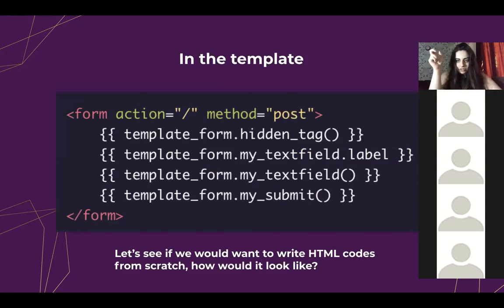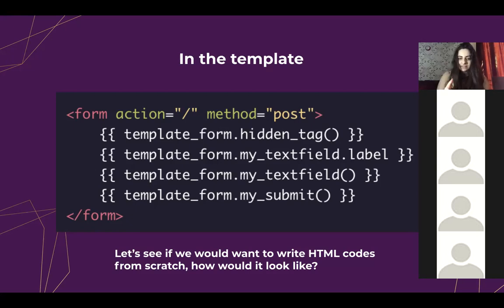We use the delimiters as always, and inside of the form action, we still need the form action because it is HTML after all. If you remember, we stored the comment form inside of template_form.